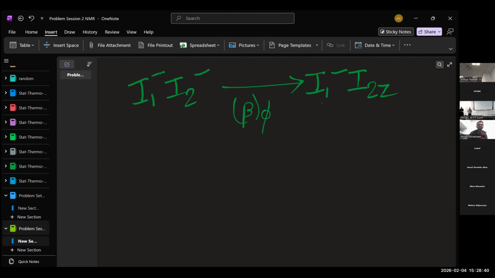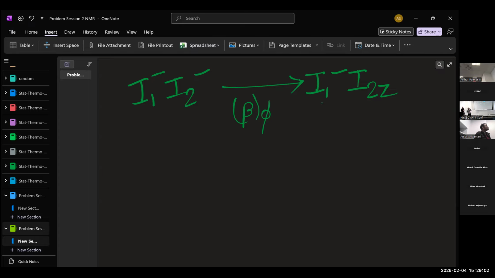Back when I was a postdoc, people spent a lot of time figuring these things out as a way of optimizing sensitivity in some complicated sequence, and there were theorems about it. There's many ways to do this.